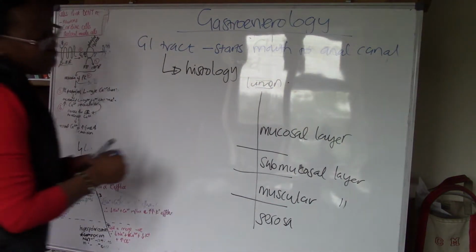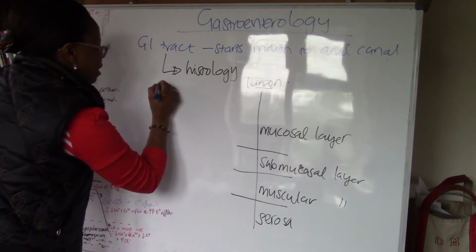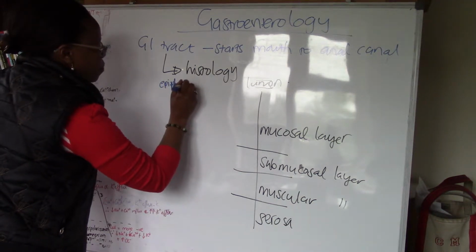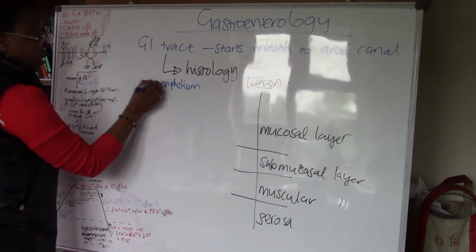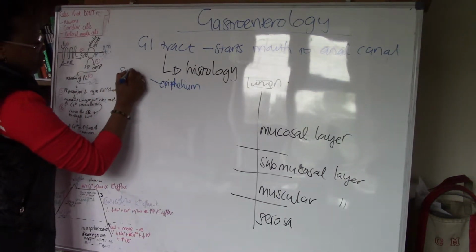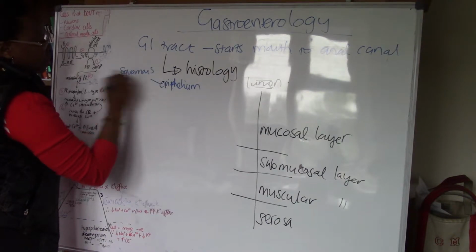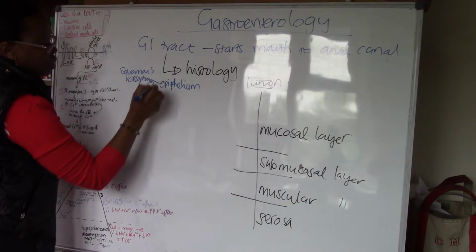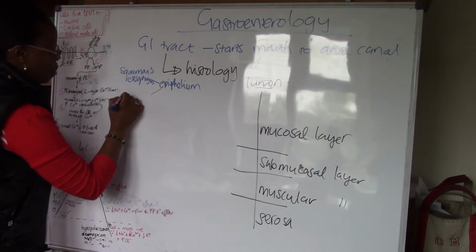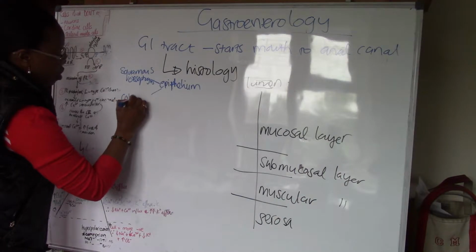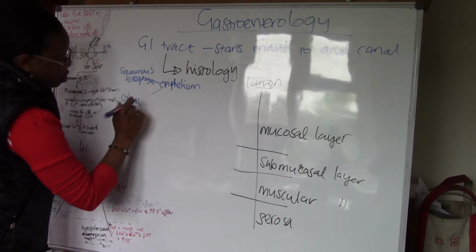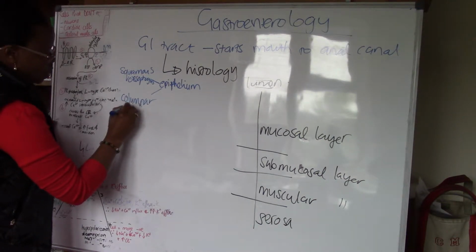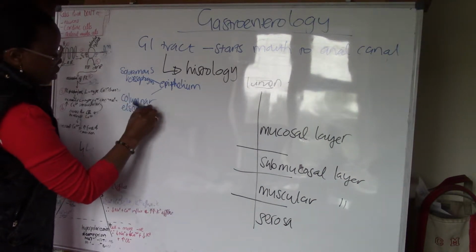The mucosal layer has epithelium, which is squamous in the esophagus and columnar elsewhere.